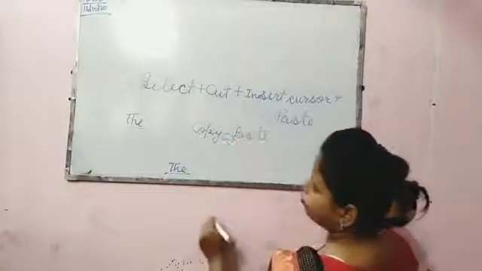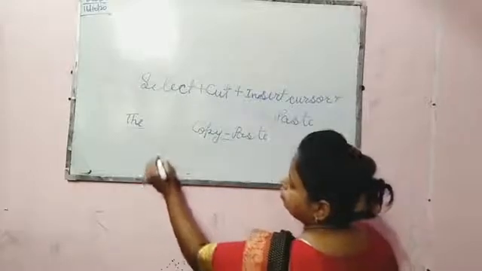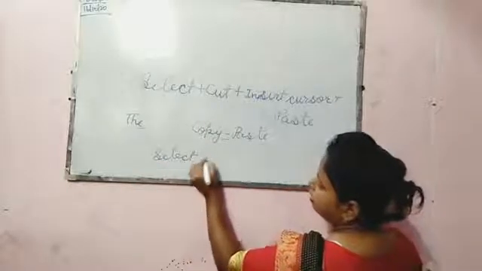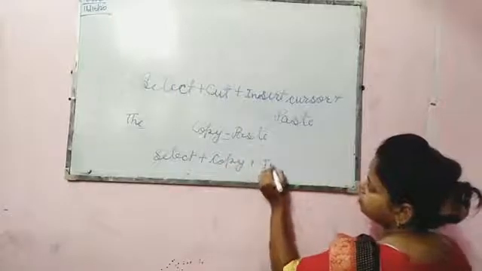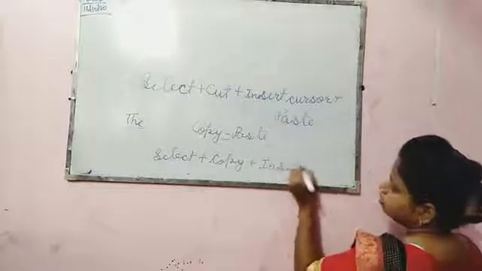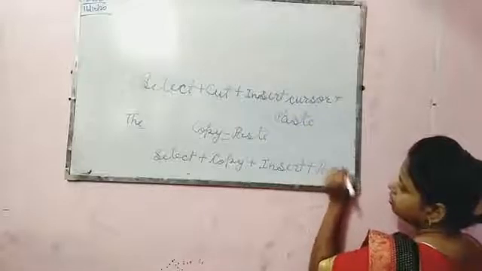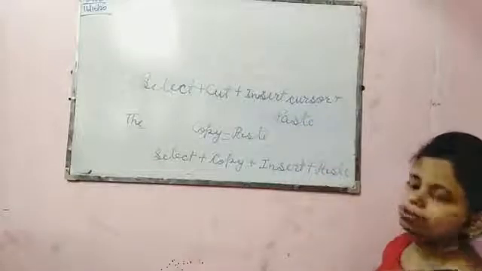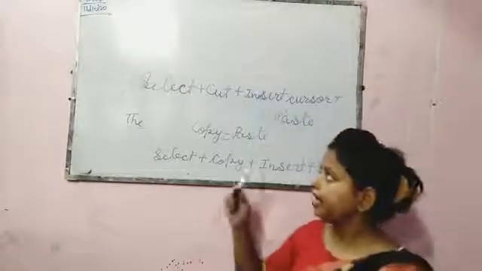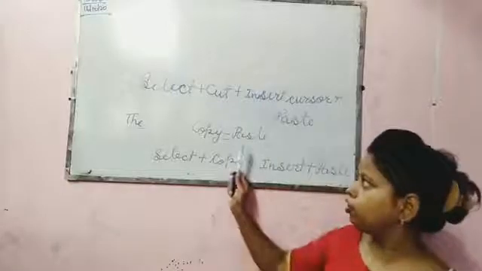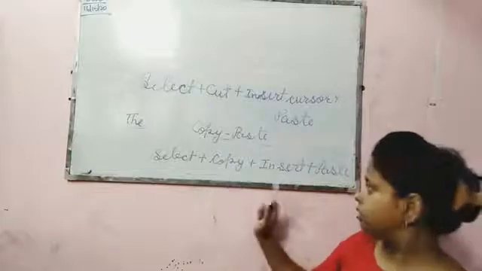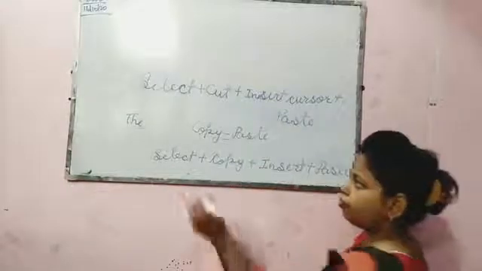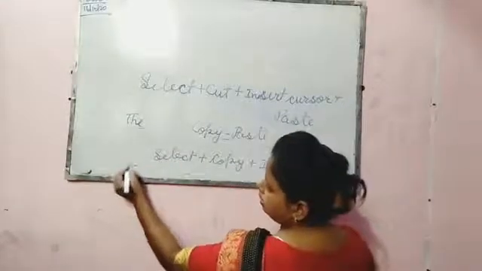So in copy and paste, what you will do? You will select, then click on copy, then insert, then paste. Means you select your text, then copy, then insert your cursor where you want, just like I want here, then click on paste.